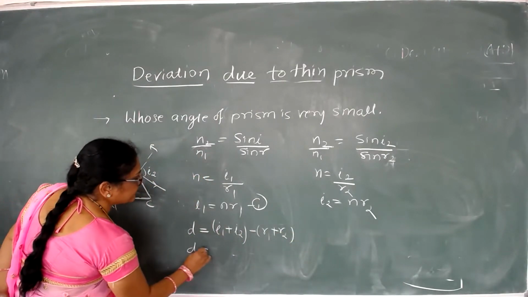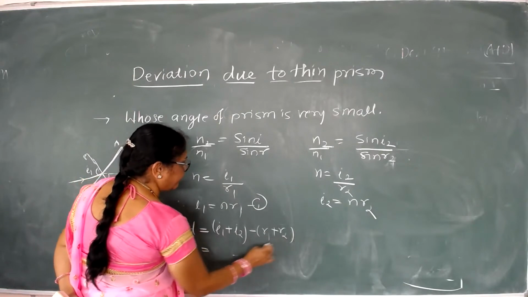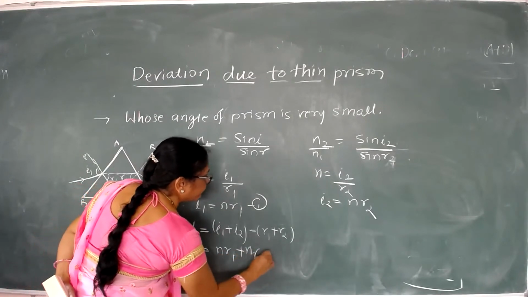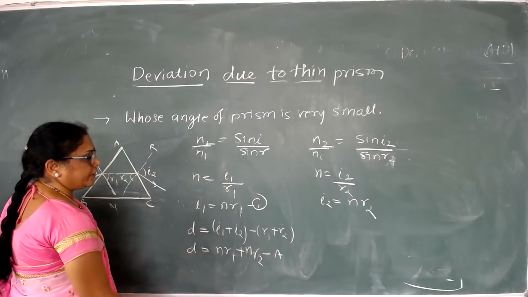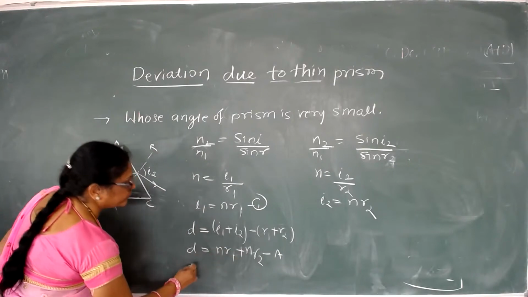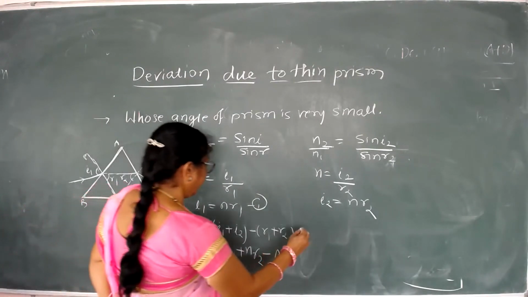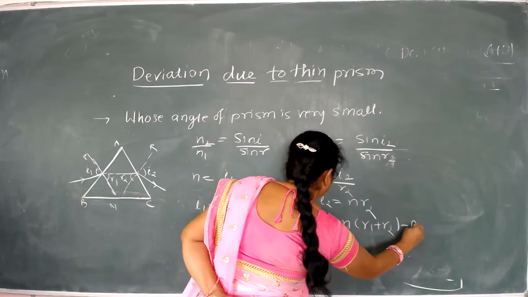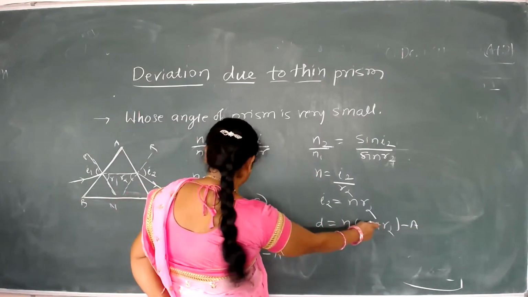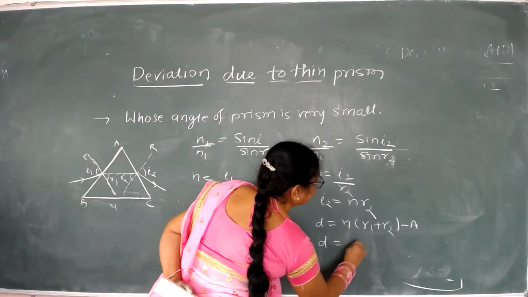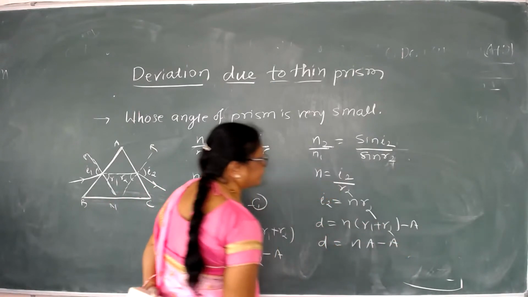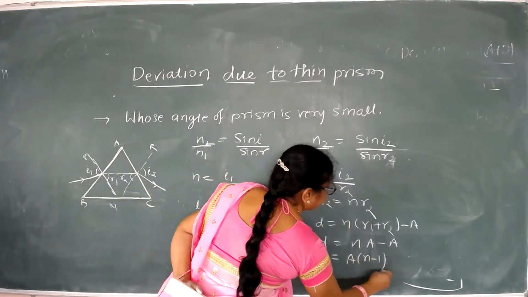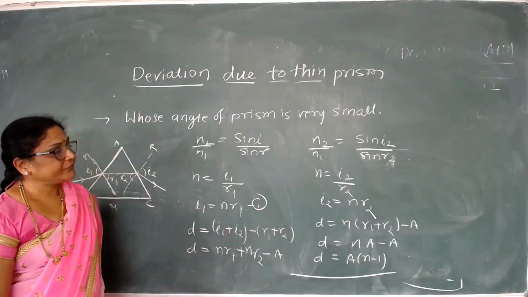Here R1 plus R2 is equal to A. I1 plus I2 is n R1 plus n R2, minus A. Therefore, if we take n common, D is equal to n into (R1 plus R2) minus A, where R1 plus R2 is equal to A. Therefore, D is equal to nA minus A. If we take A common, D is equal to A into (n minus 1). So this is known as the deviation due to the thin prism.